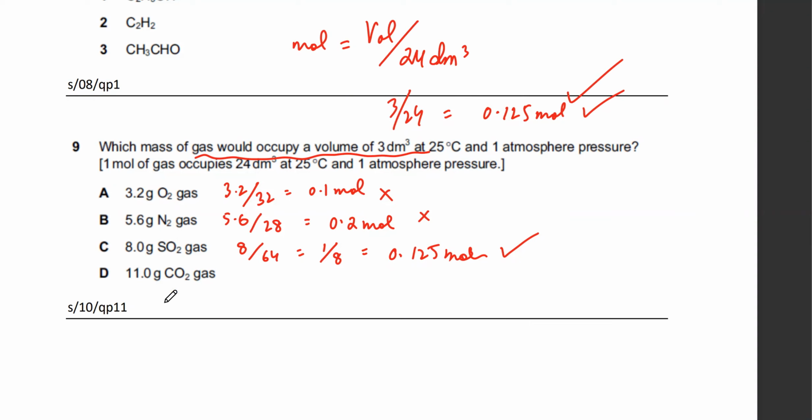He had given me the masses of these gases, so mass divided by MR should give the same moles, 0.125 moles. If I multiply this by 24 dm cube, I'm going to get 3 dm cube, which is what he was looking for. So it's going to be C.